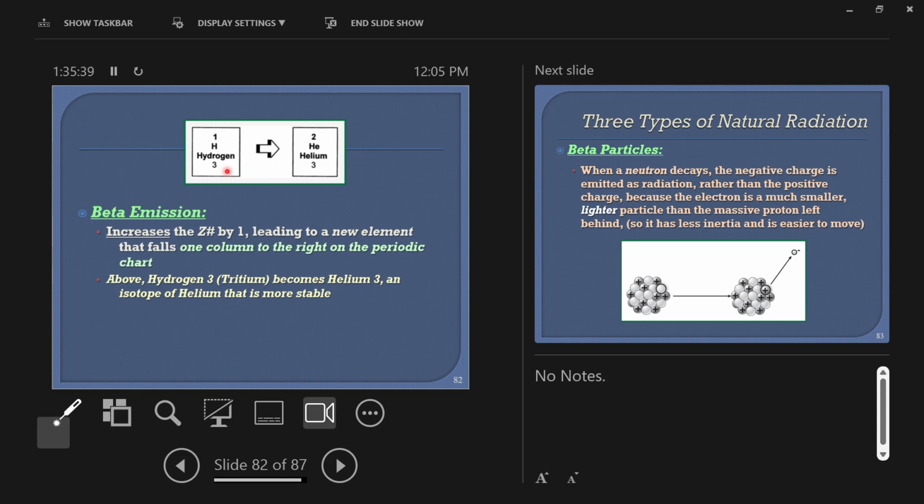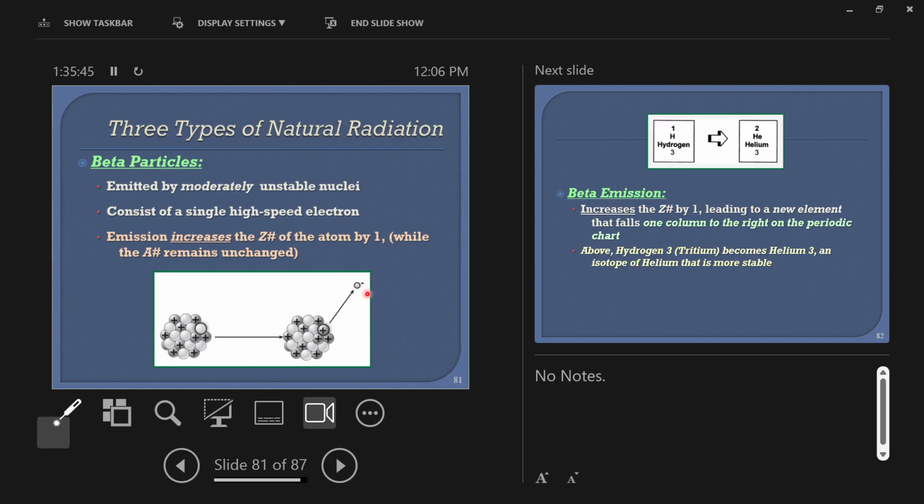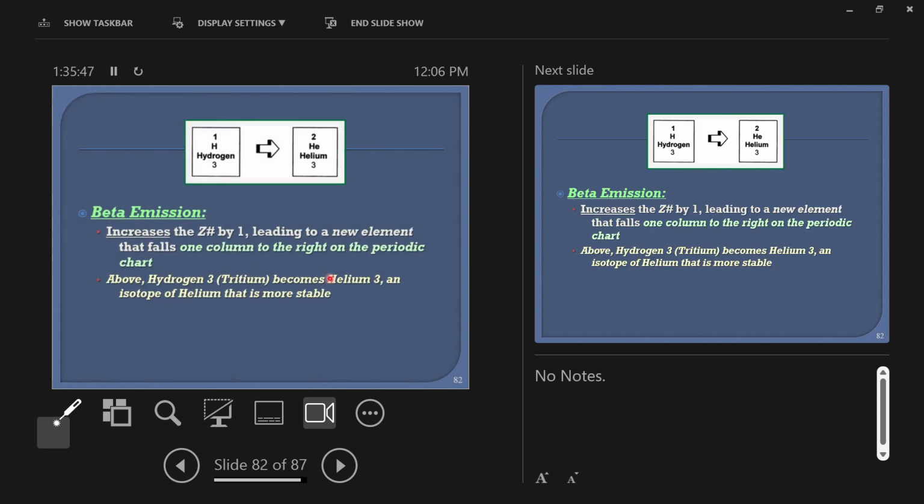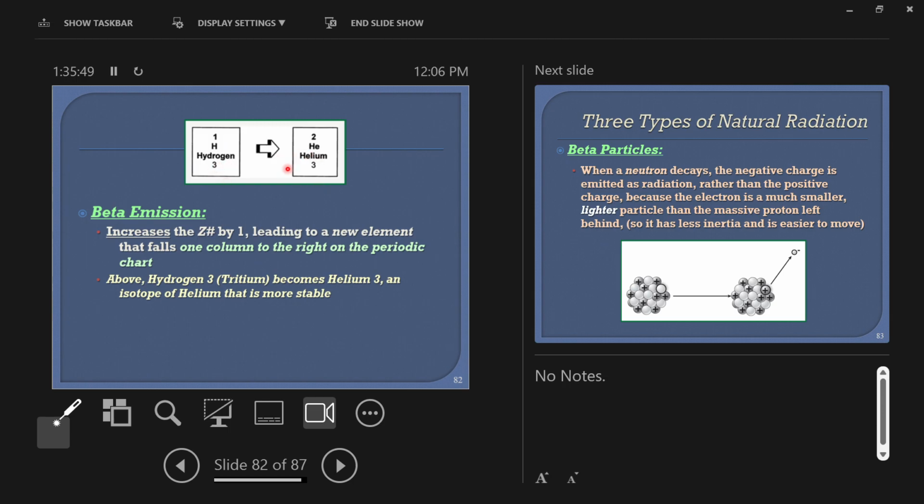So you converted one of the neutrons into a proton. And what flew away was the beta emission, this little beta particle, okay? That turned hydrogen into helium without fusing anything. A radioactive decay event turned hydrogen into helium. We went up the periodic table by converting one of tritium's neutrons into a proton.